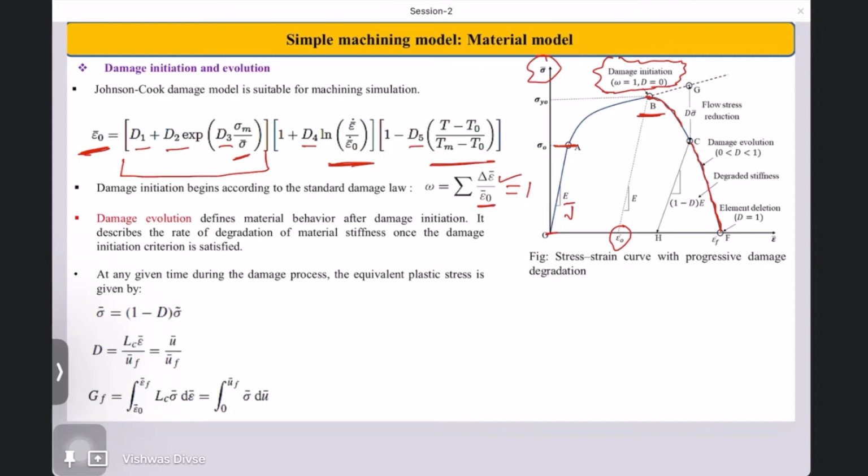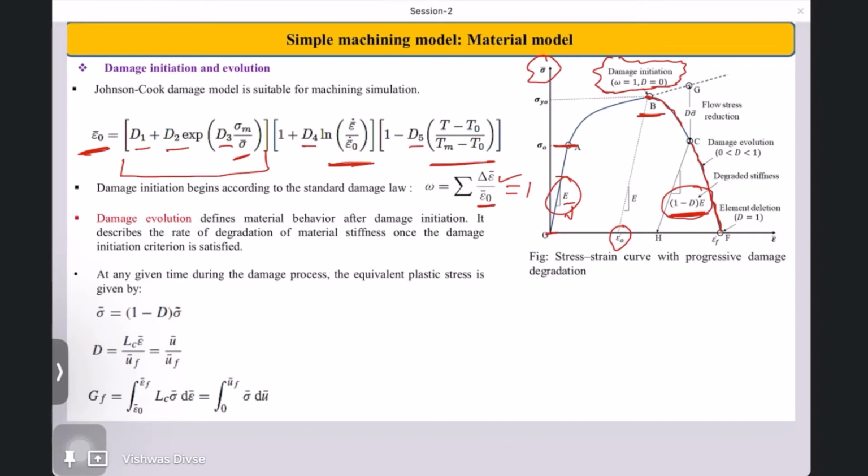Damage evolution is essentially, once damage initiates, the material will get softened, its stiffness will degrade according to this law. It is stated here. It means if D is 0, your stiffness will be the same as E. But if D is more than 0, let's say 0.5, then 1 minus 0.5 will be 0.5 times E. It means your stiffness is no more E, it is 0.5 times E.